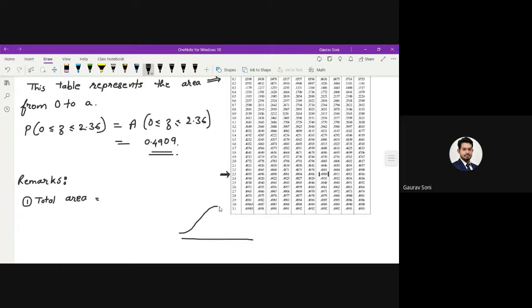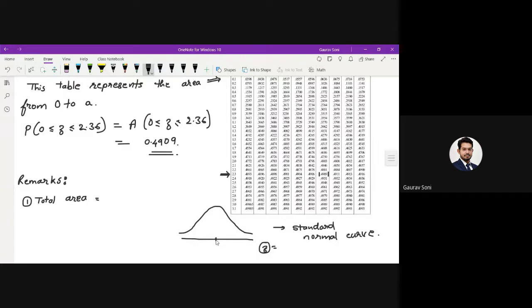So this is the standard normal curve. What is the important thing about the standard normal curve? The important thing is the variable Z is there now.